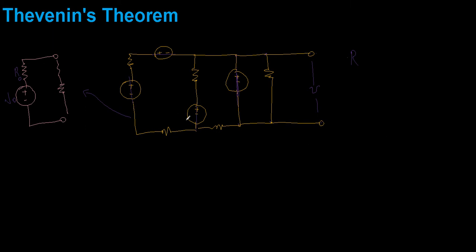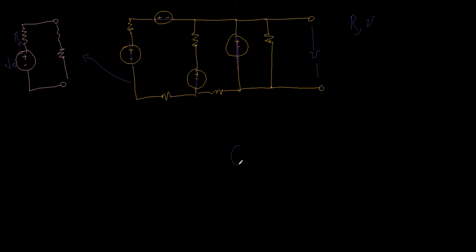Okay, so after that, you will have both the voltage and the resistance. And so you take that voltage and that resistance and you create an equivalent circuit like this that has the voltage that you measured and the resistance that you measured.